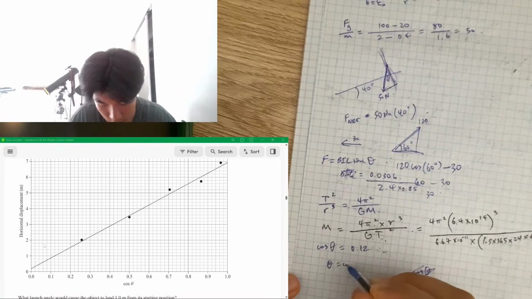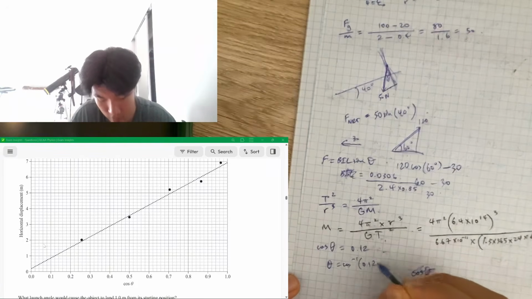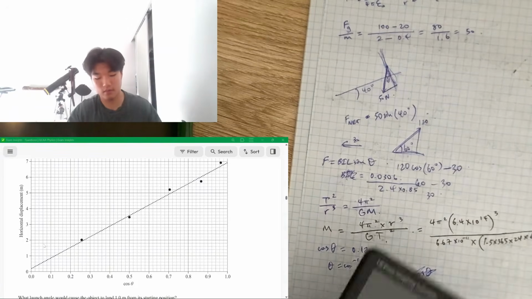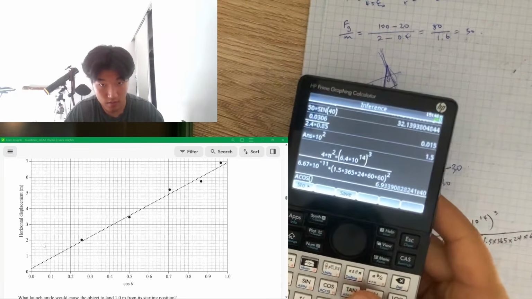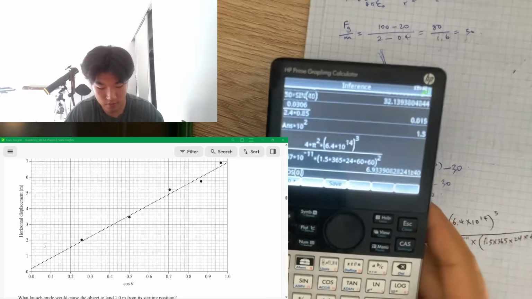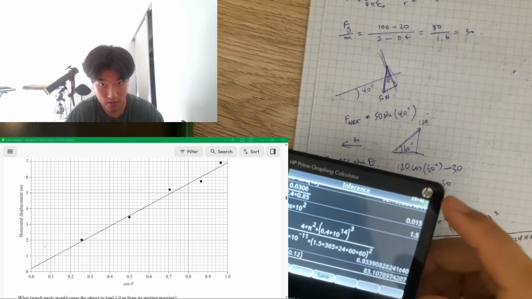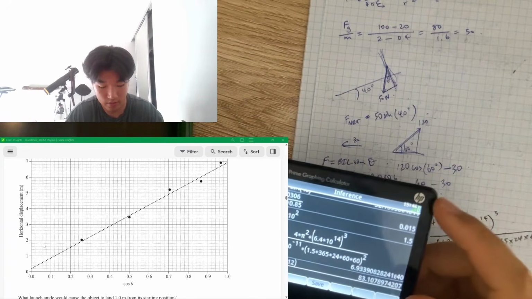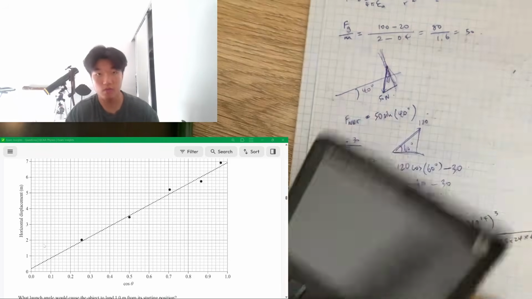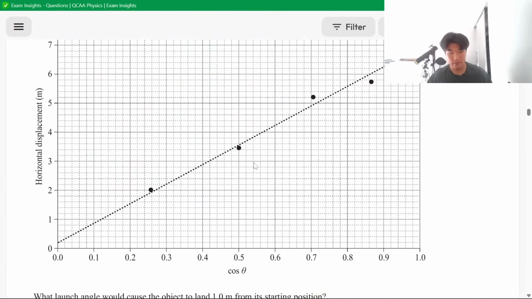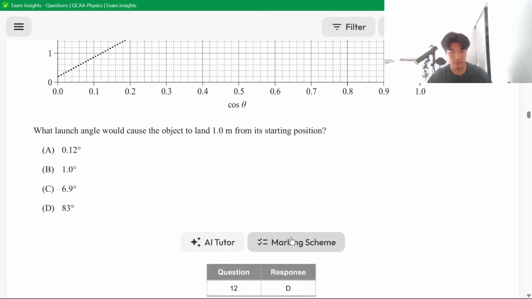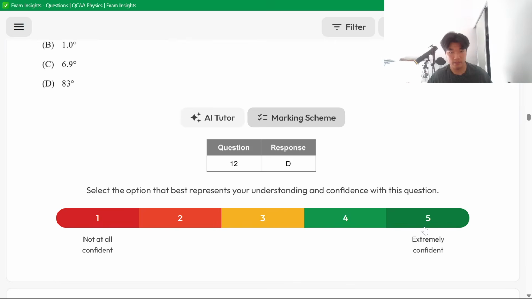Theta equals inverse cos of 0.12, right? Make sure you're in degrees. Remember in the exam, it could be radians, depending. I mean, in physics, they usually just use degrees. So you get 83. So it's D.